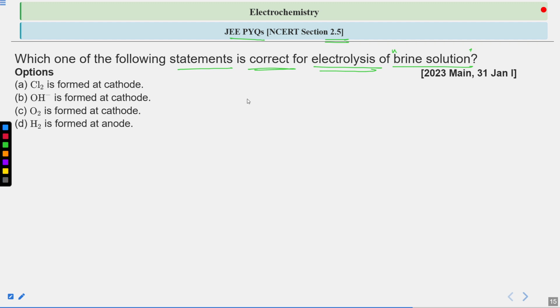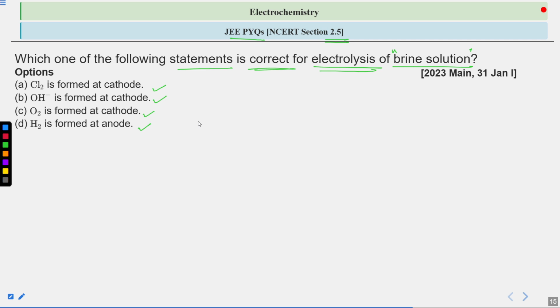This question has been in the 2023 mains examination. The options provided are: chlorine is formed at cathode, OH negative is formed at cathode, oxygen is formed at cathode, or hydrogen is formed at cathode.